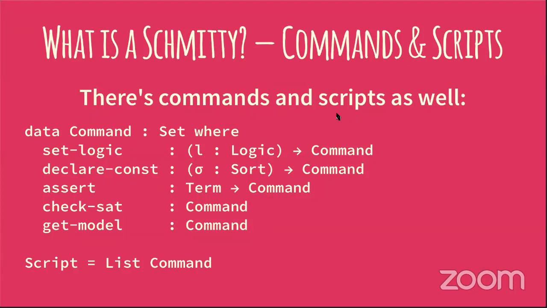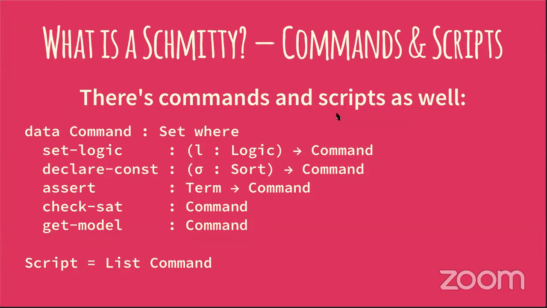We have a declare-const command to introduce a top-level variable. So you can say something like declare-const and then the Boolean sort, and then you will have a Boolean variable available. We have assertions, where you give a term, and that's telling the SMT solver to check that assertion. And then we've got the output commands, check-sat and get-model.